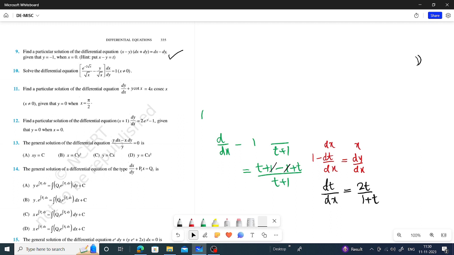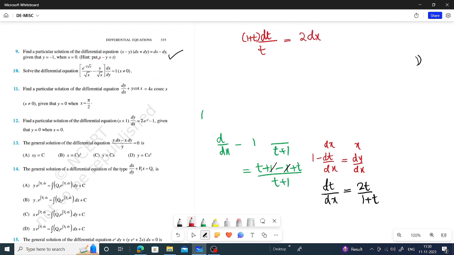Okay, so now we have this equation, dt by dx. I write dt by (1 plus t) by t equal to 2 dx.